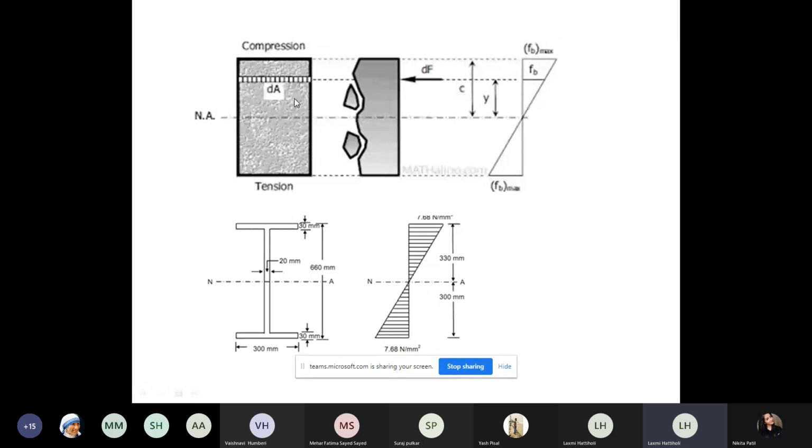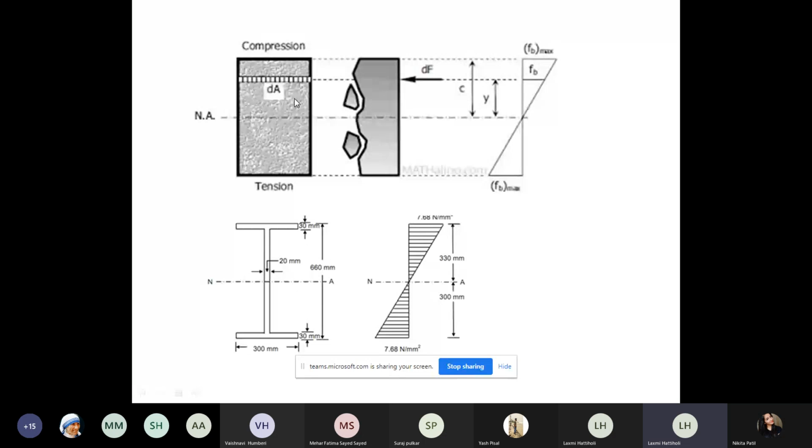Just observe the first section. This is a rectangular section. For this rectangular section, you have this bending stress variation. Similarly, for this I section, you have this bending stress variation. Why I'm saying the I section is economical is that for the same breadth B and the same depth D, please observe the cross-sectional area.